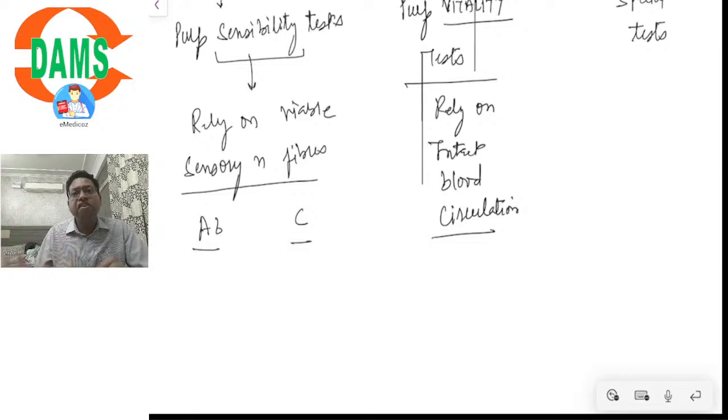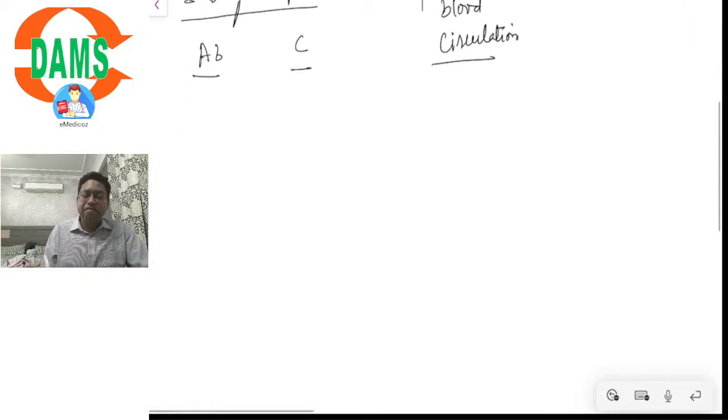At times, both these conditions result in ambiguous results and the pulpal condition cannot be properly assessed. In such conditions, we have to rely upon special tests of the pulp. What are the special tests of the pulp? We would see subsequently in today's session. So first of all, let us start with pulp sensibility tests.